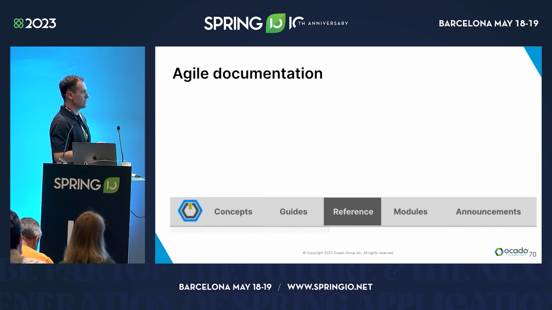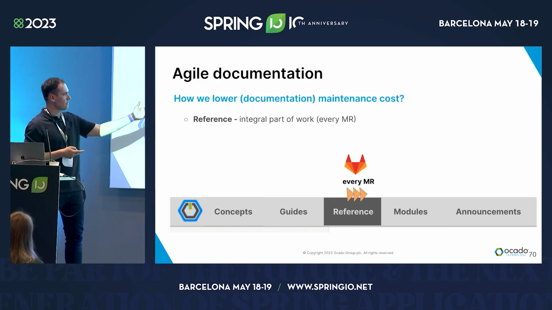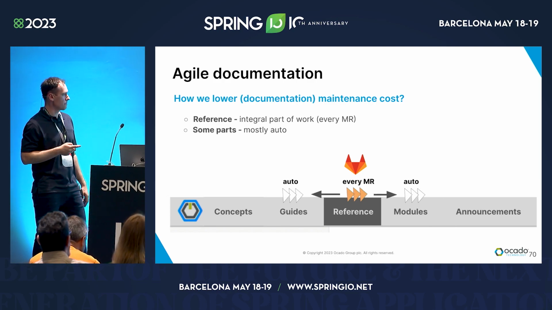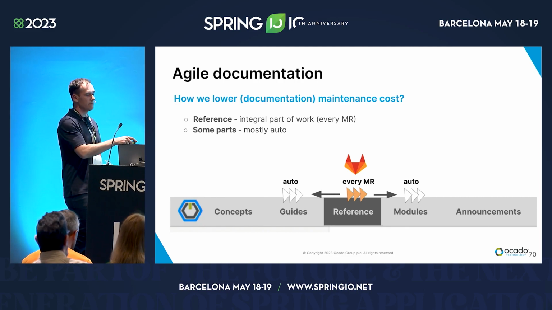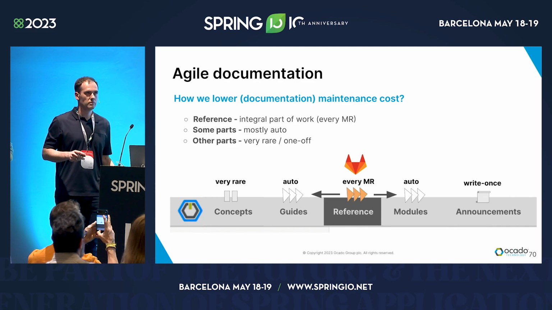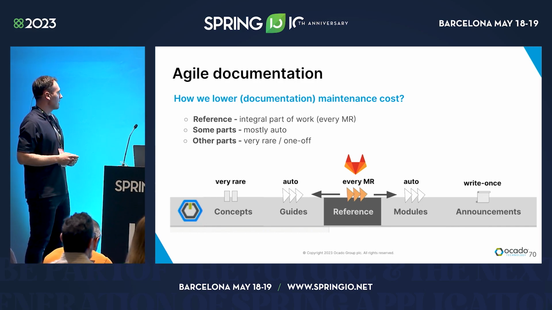So the trick is very simple. We only do regular updates to the reference because it's part of our job, and the rest is either automatic, as I have partly shown, because this is like a living documentation, or written very rarely. So this is how we can have documentation that's both comprehensive and up to date.